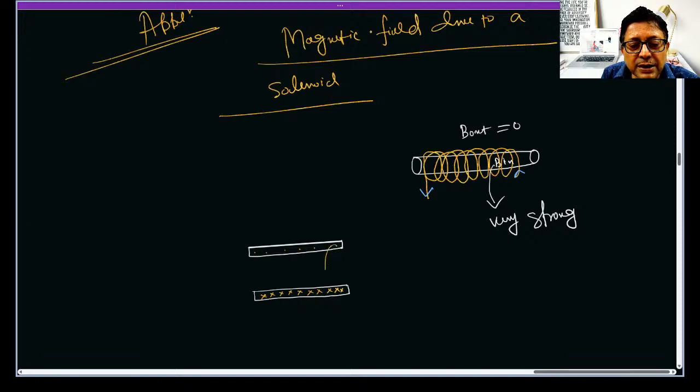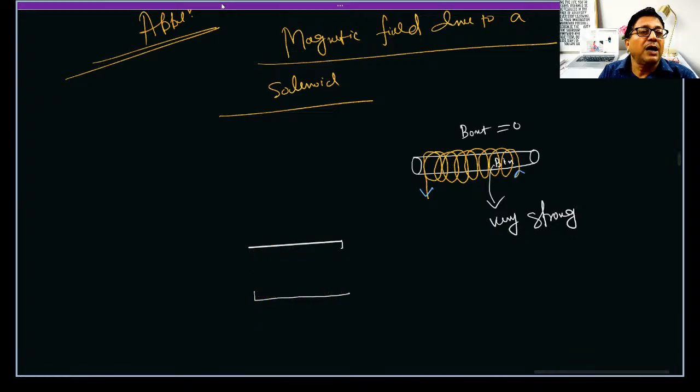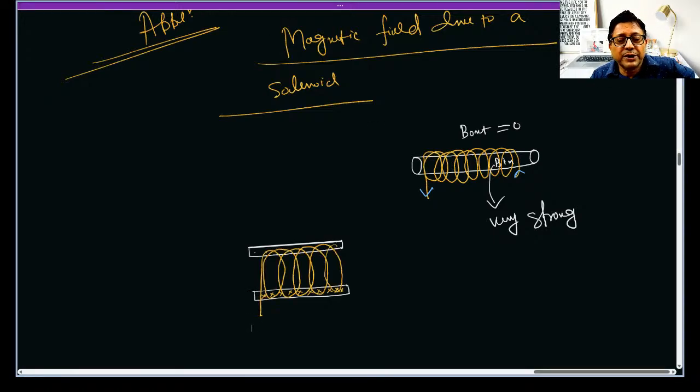Current is coming here, like that. The same solenoid I have taken here, but for understanding purpose, I have taken it this way. Just to understand, it is going in like this and coming out like this.